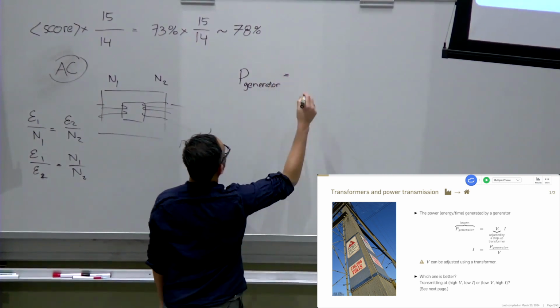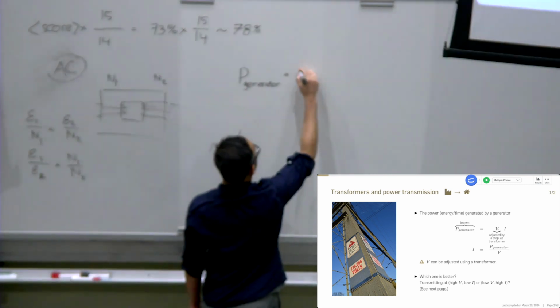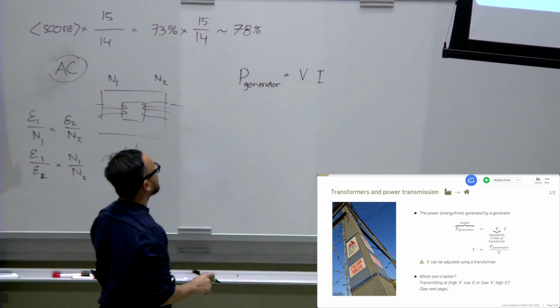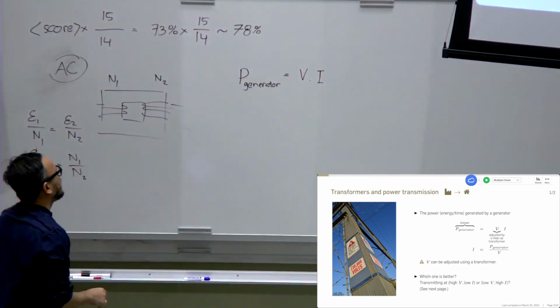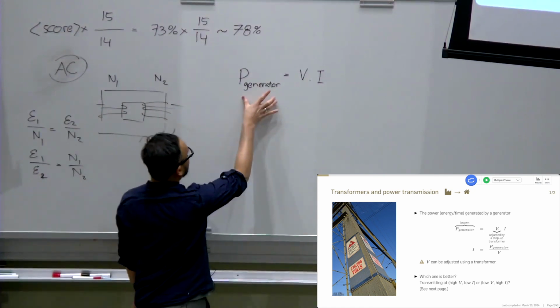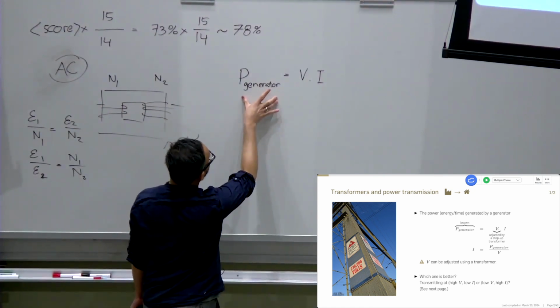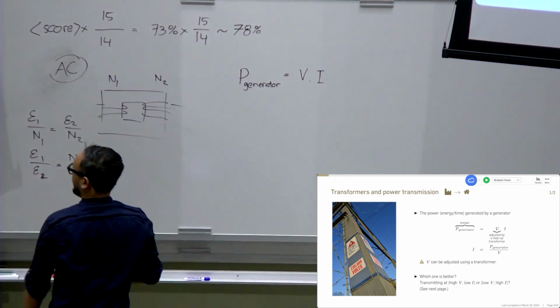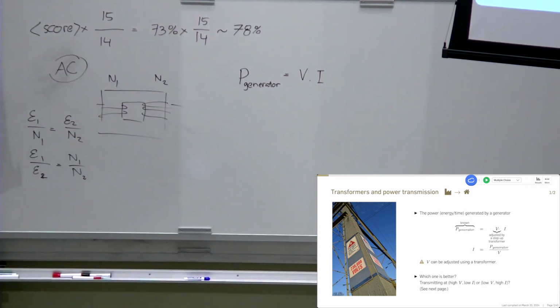And you know that P, or the power, is equal to voltage times the current. The only thing that a generator has or is given is the power. So P generator is equal to V times I.